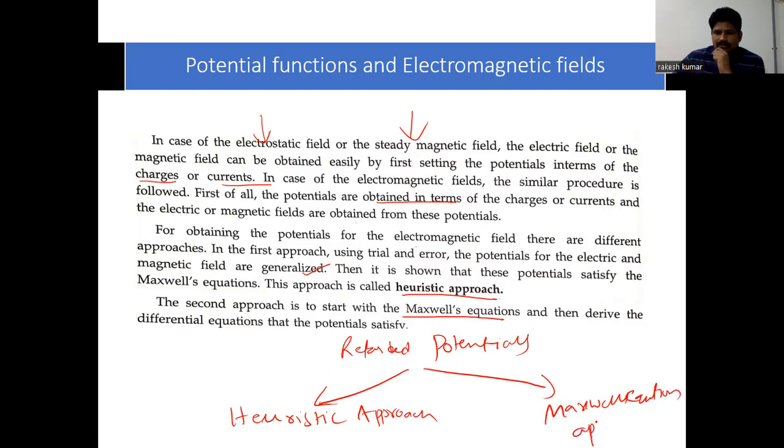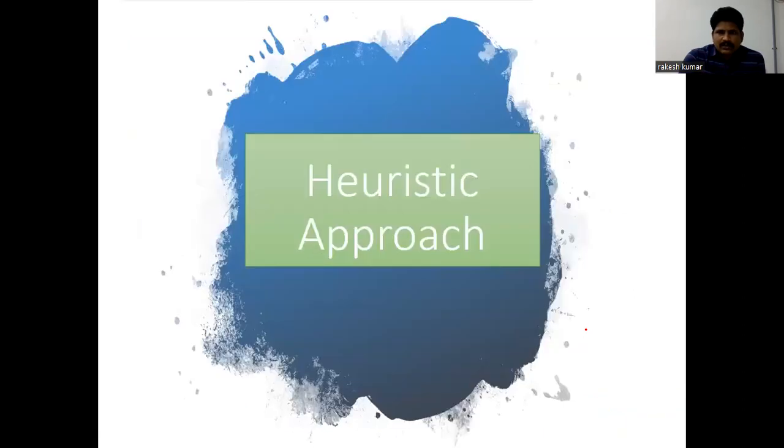So these are the two approaches to obtain the retarded potential. Let us discuss the first one, that is the heuristic approach.